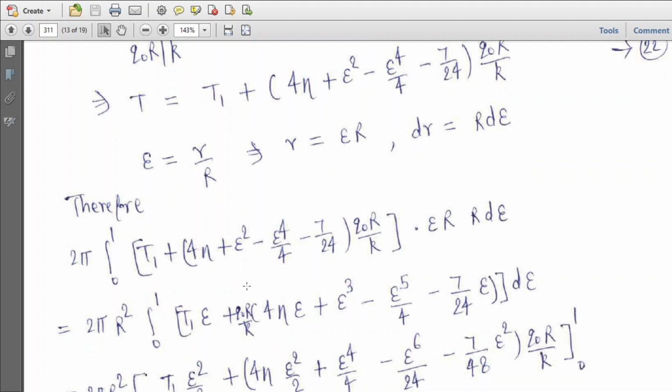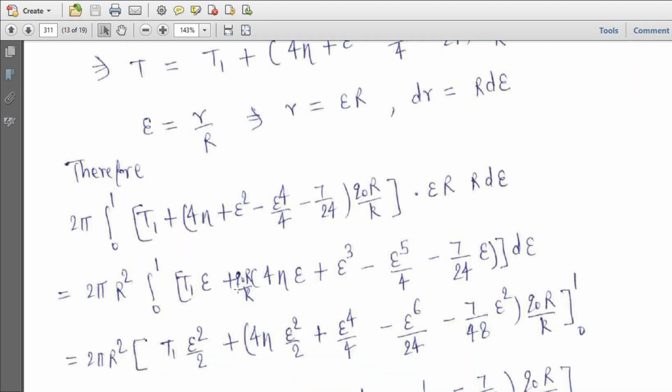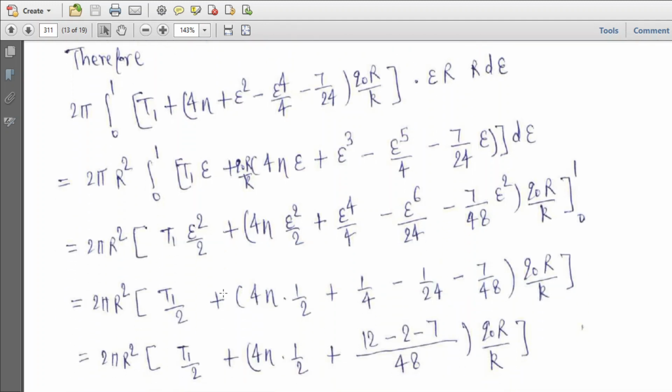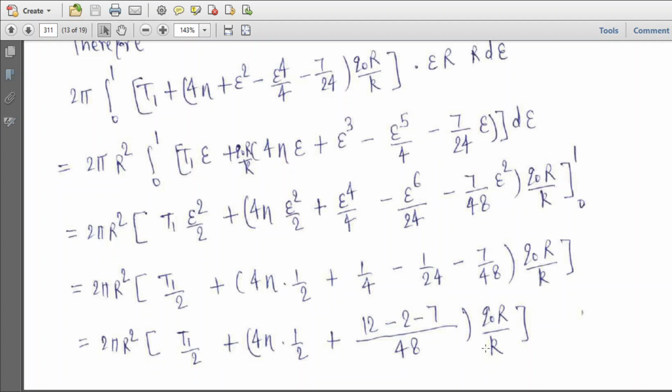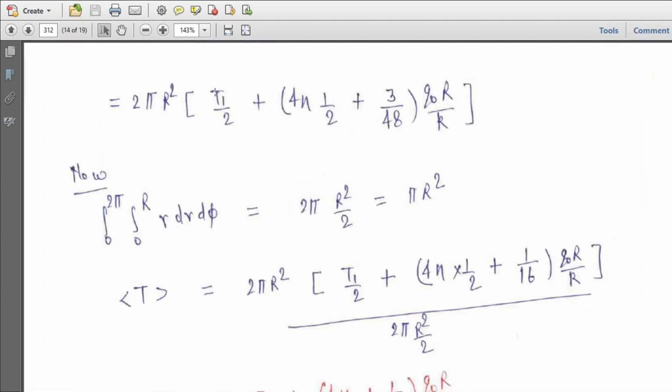You can integrate it, so multiply it and integrate it. If you do that, you will get 2 pi R square T1 upon 2 plus 4 eta by 2 plus 12 minus 2 minus 7 upon 48 q naught R upon k. So from here you get 2 pi R square T1 upon 2, 4 eta by 2, 3 by 48 q naught R upon k.